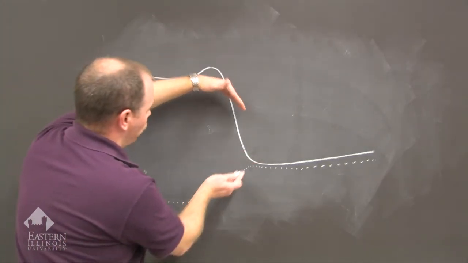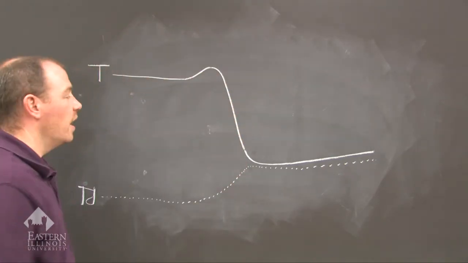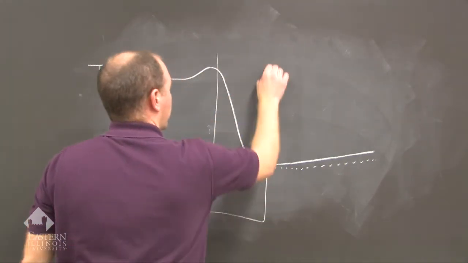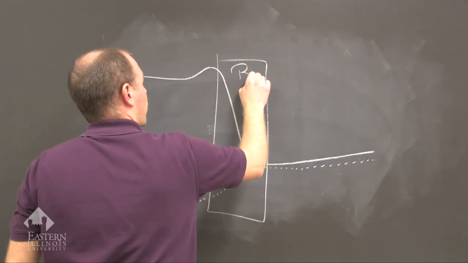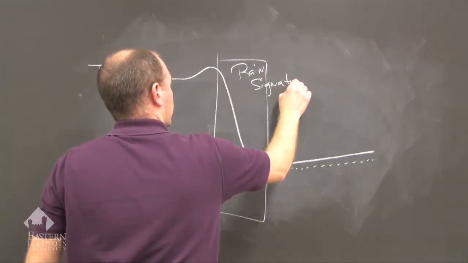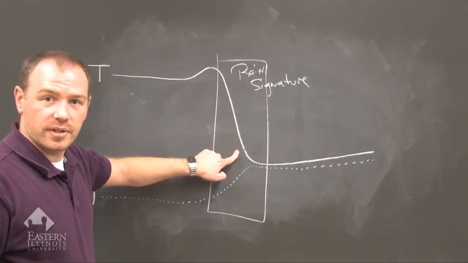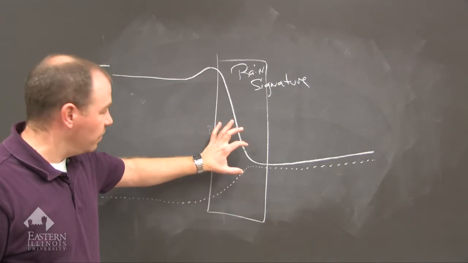Where you have this drop and rise, where the two lines merge, that is where we can get precipitation. This is what we call the rain signature.